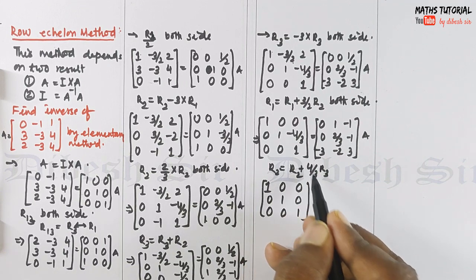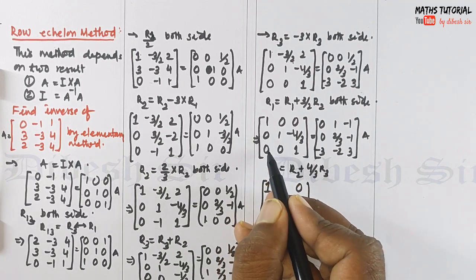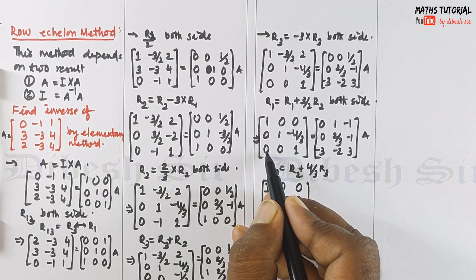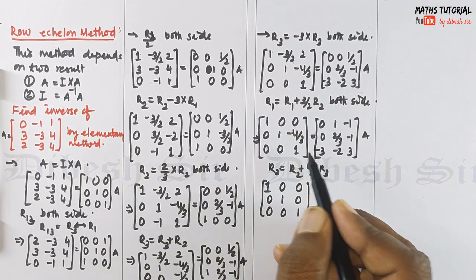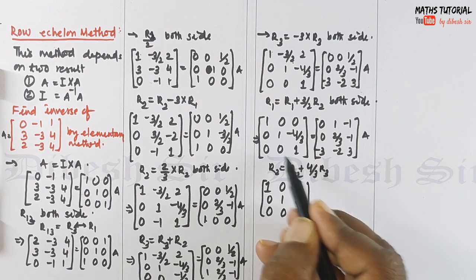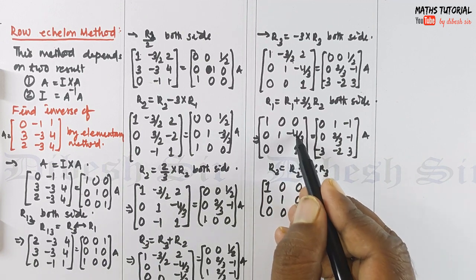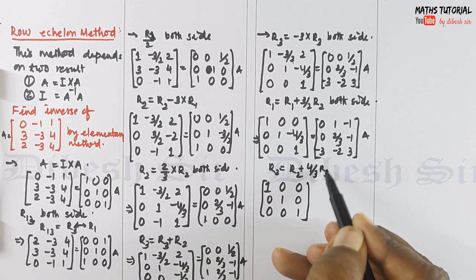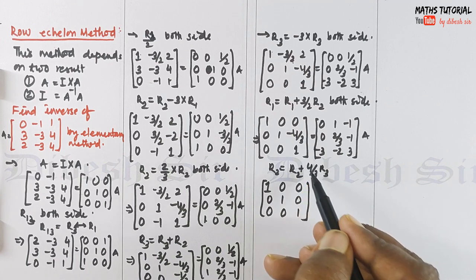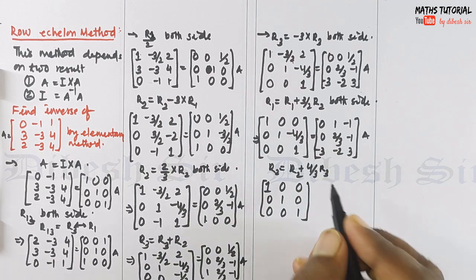R2 is equal to R2 plus 4 by 3 R3, 0 plus 4 by 3 into R3, that is 0, 1 plus 4 by 3 into 0, that is 1, this plus 4 by 3 into 1, that is plus 4 by 3, cancel out, 0.